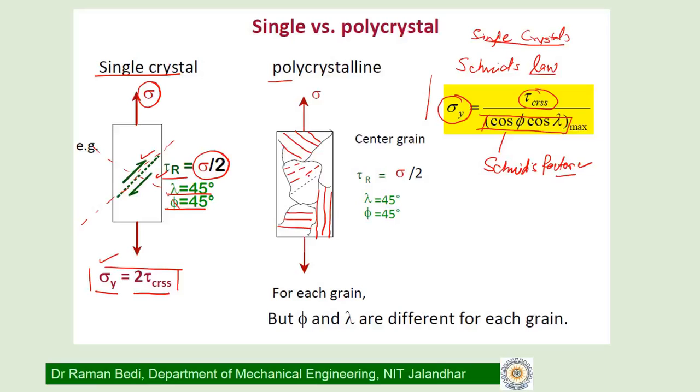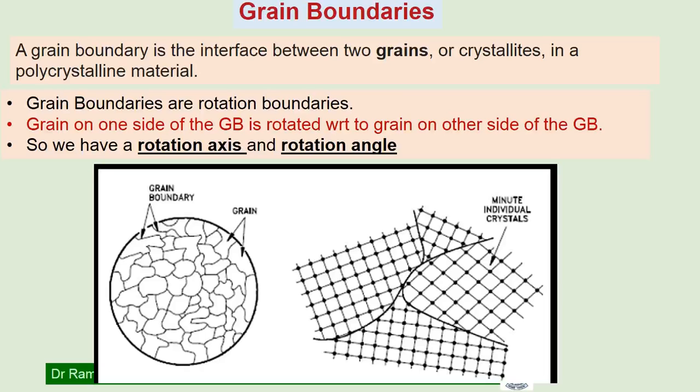So for each grain we can find that when you apply the same value of sigma on a polycrystalline material, the slip planes in each of the grains are getting oriented at different times, and that is why the behavior will not be simply given by Schmid's law, which is just giving us the basics about plastic deformation of single crystals. Now coming to the concept of grain boundaries.